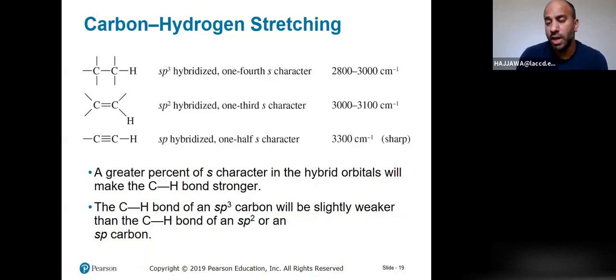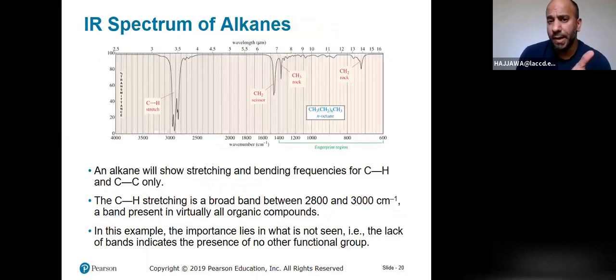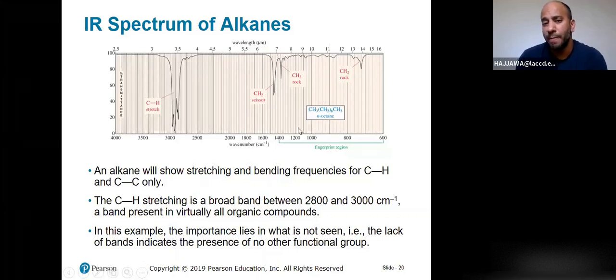And you can clearly see examples right here for an octane. The C-C single bond is within the fingerprint region, so it's really useless. But I could base it on having the CH stretch absorbing below 3000.